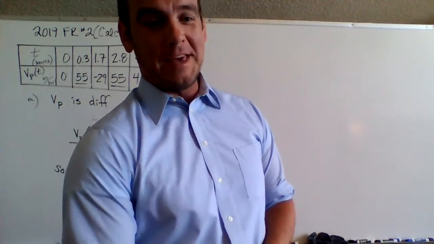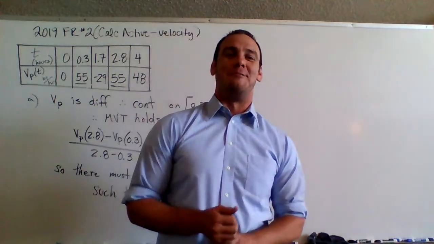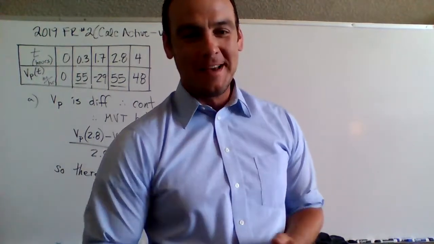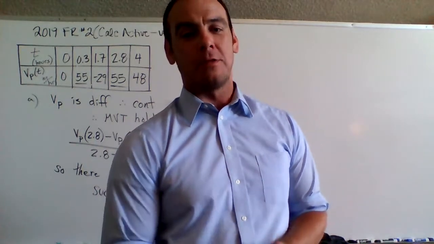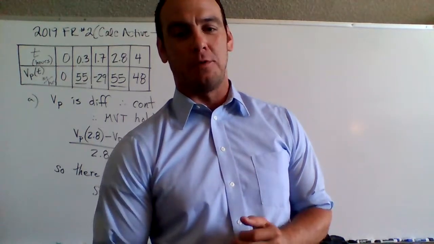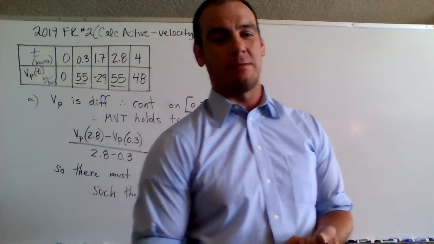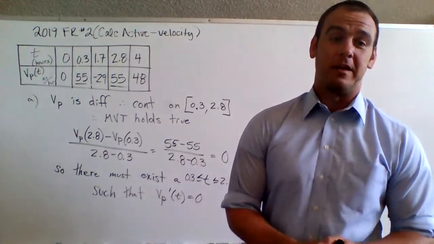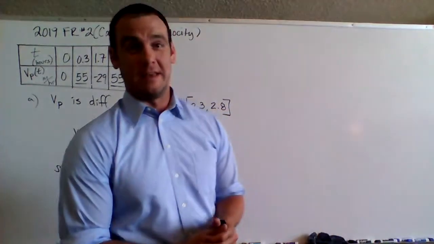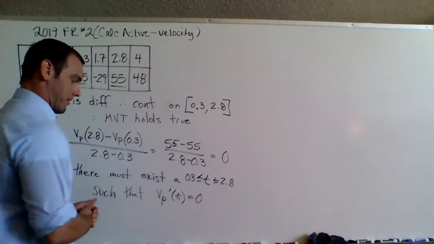Sweet, so B: use a trapezoidal sum, which we haven't done for a while, with 3 subintervals, 0 to 0.3, 0.3 to 1.7, and 1.7 to 2.8, to approximate the value of the integral from 0 to 2.8 of Vp of t. Wow, that's a lot of words.